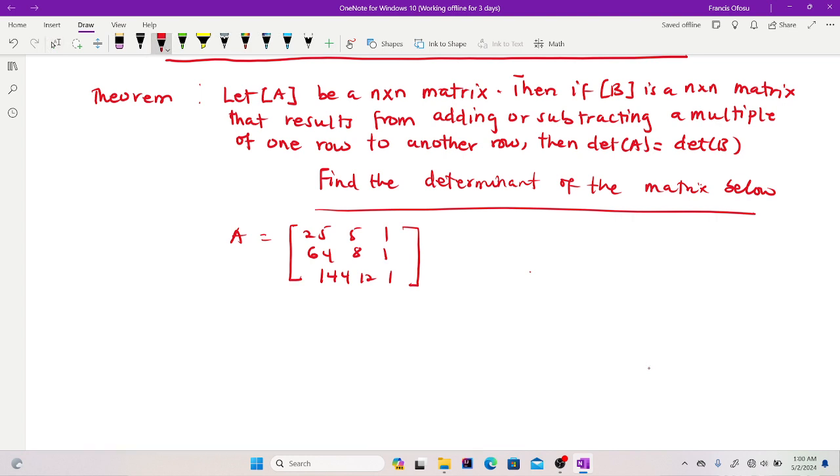to find the determinant of this matrix using the Gaussian elimination method, we need to simplify this to an upper triangular matrix, right? So you know that the steps involving naive Gaussian elimination are 1, forward elimination, then 2, backward substitution.